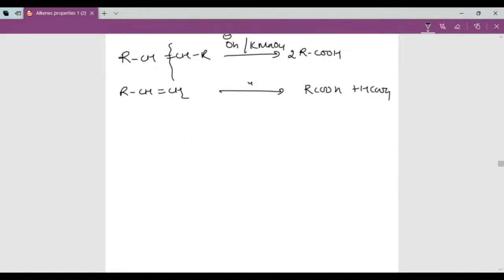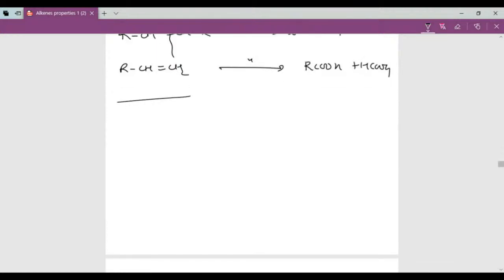But with OsO4, no such problem. So, ideally, as per chemistry, we should use OsO4. But as it is poisonous, it is not allowed in the laboratories. Is that okay? So, all the 4 reactions that we targeted today are complete.